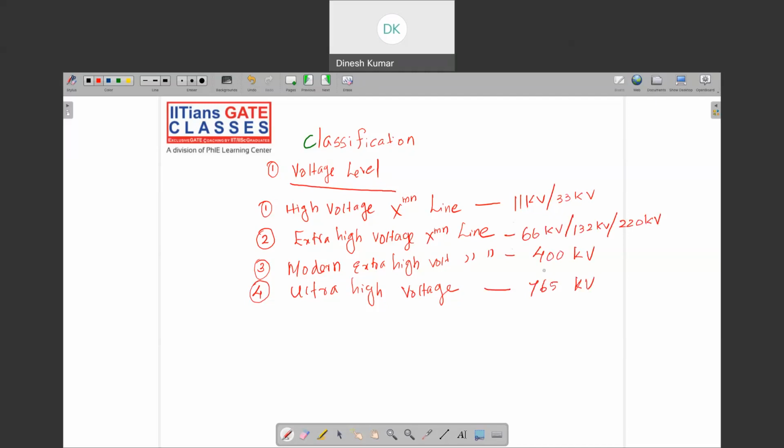If it is in the range of 765 kV, then it will be ultra high voltage. If it is in the 400 kV range, that is modern extra high voltage. Then extra high voltage is 66, 132, 220. And high voltage is 11 kV or 33. So these are the different classifications according to voltage level.